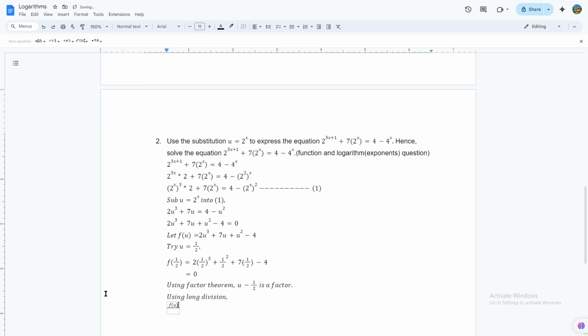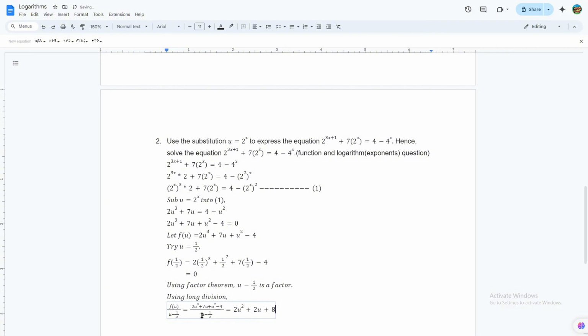The function of u divided by u minus half equals this whole thing divided by this whole thing at the bottom, and this will give us 2u to the power of 2 plus 2u plus 8.